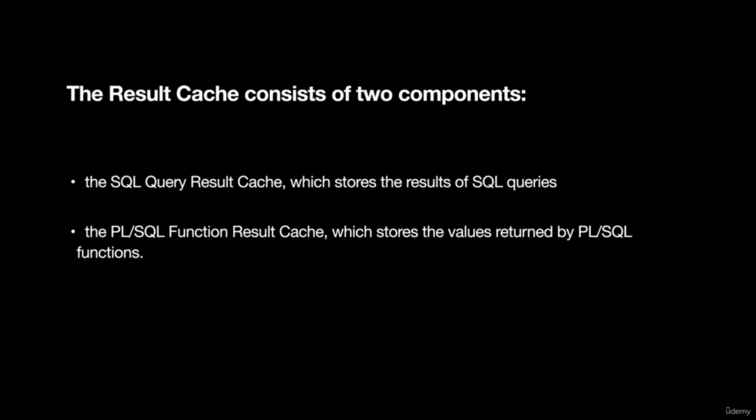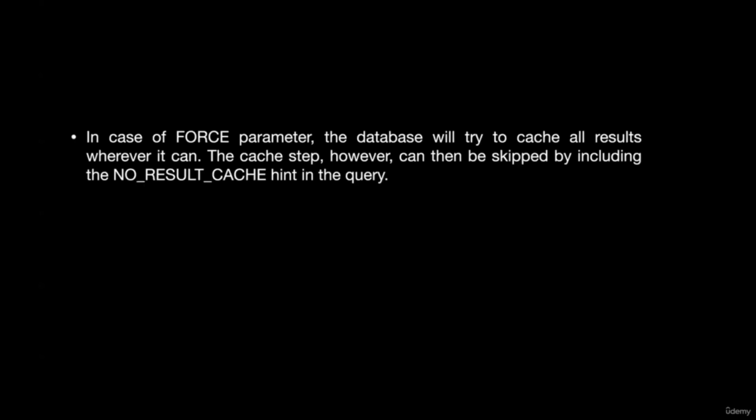Whether the database caches the query result or not depends on the value of the result cache mode initialization parameter, which can take two values, manual or force. The slide provides a brief description of how these two values affect results caching behavior in the database.